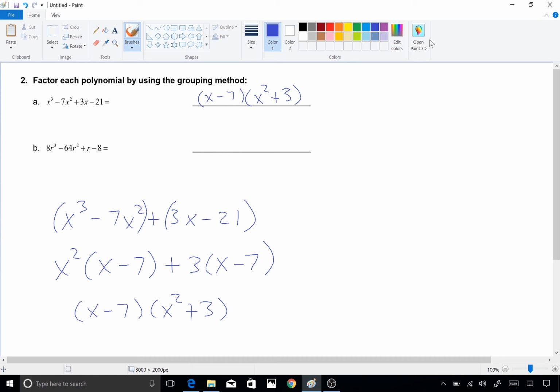Problem B. Again, split them in two. The greatest common factor between 8r cubed and 64r squared is going to be 8r squared.